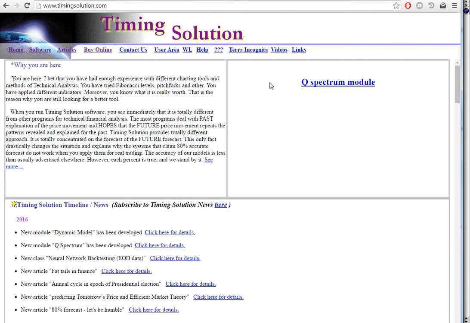And I figure, might as well break the ice and show you some examples of how to use it. You could take it on your own and take it to a next level, but at least this would be a good starting point, and you could practice. Timing Solutions is a great software, so I recommend that you check it out, and if you like it, invest in it, and it should give you an edge trading the markets.